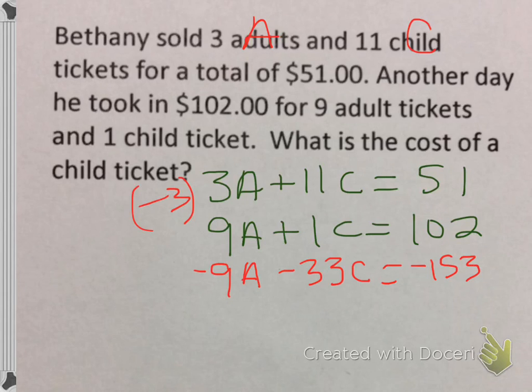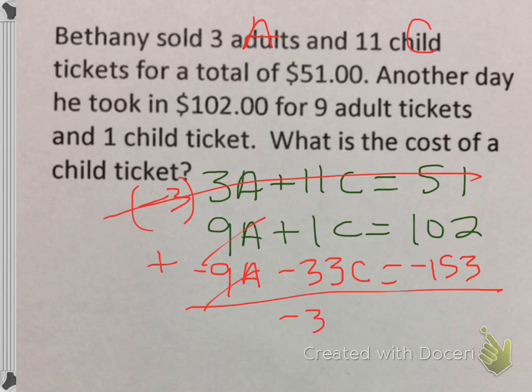This is looking more correct now. I'm not going to use that top equation because that's the one that I multiplied through. So the 9A's are gone. I get a negative 32C. And then over here I get a negative 51.